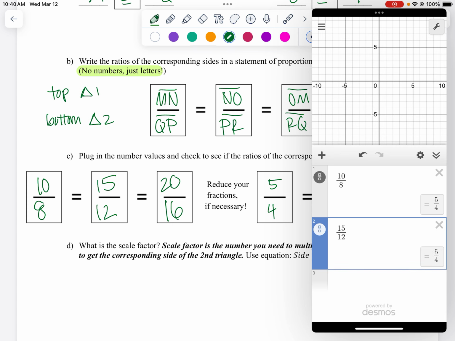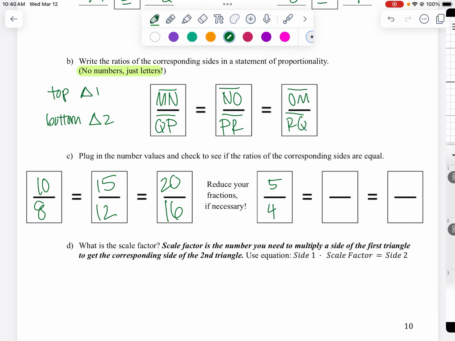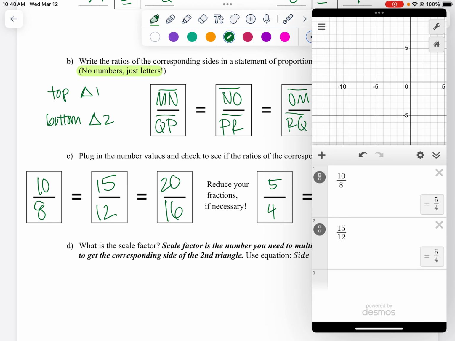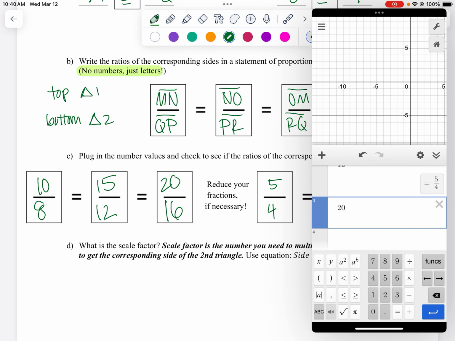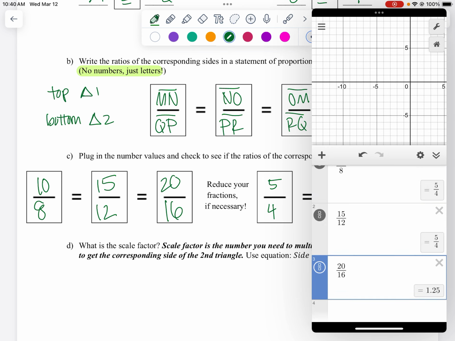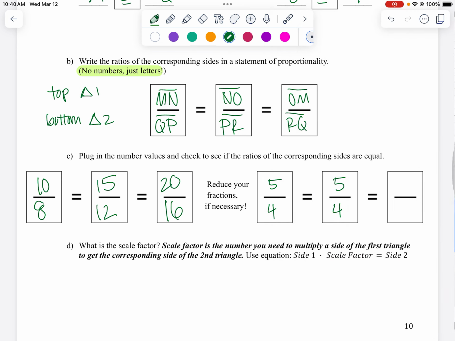It looks like we simplify to 5 over 4. And last but not least, let's check the last fraction. I have 20 over 16. Nice, it also simplifies to 5 over 4. And what do we notice about all three of these ratios? They are the same. So they are equal. Yay, so my triangles are similar.